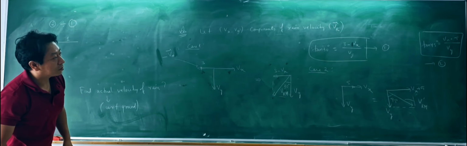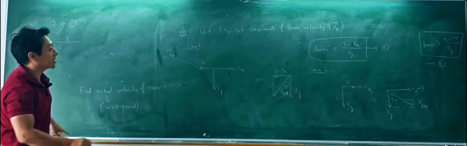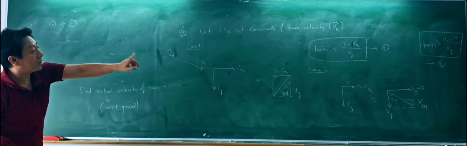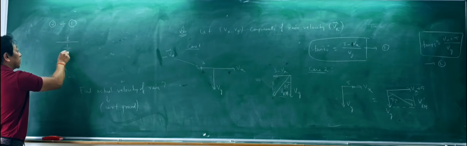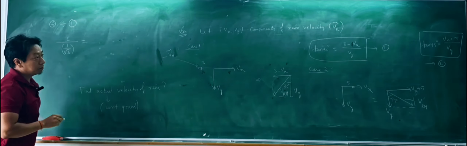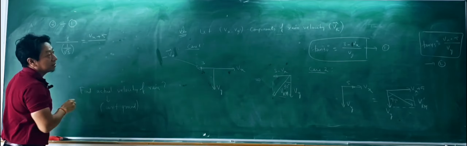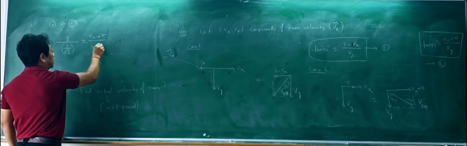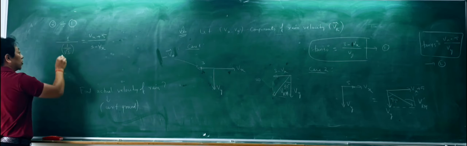Equation 1's left side is tan 30. What is tan 30? 1 by root 3. On the right, Vx plus 5 divided by 3 minus Vx. Clear now? So this root 3 will go up.